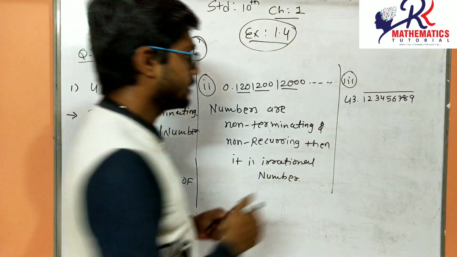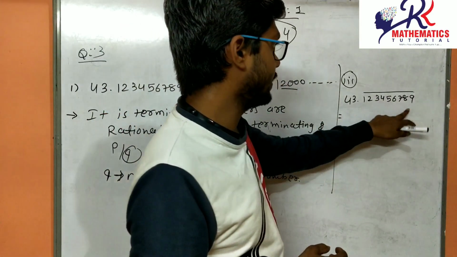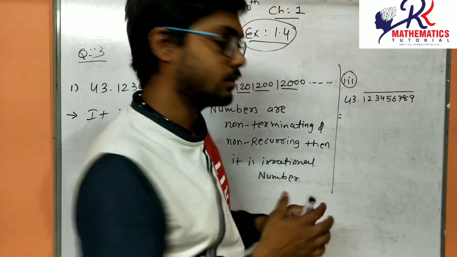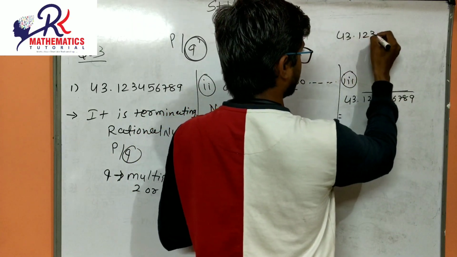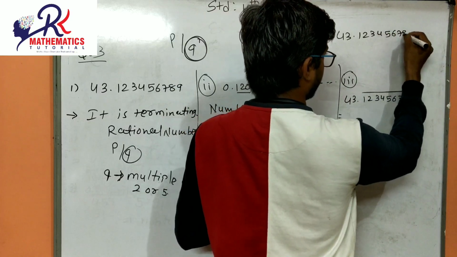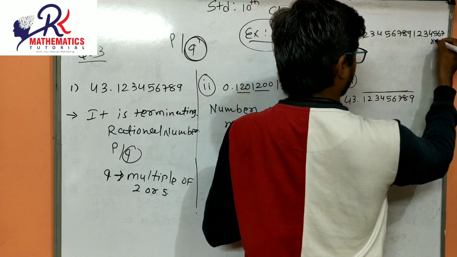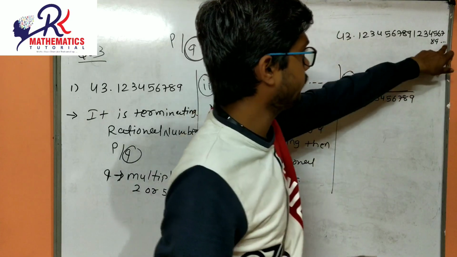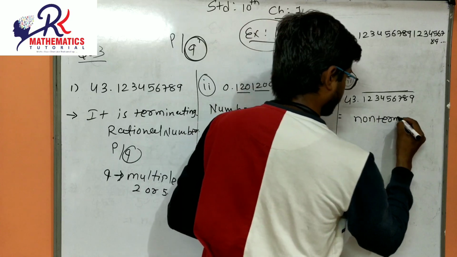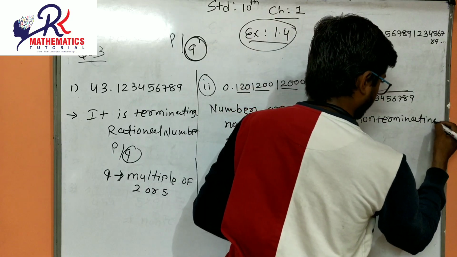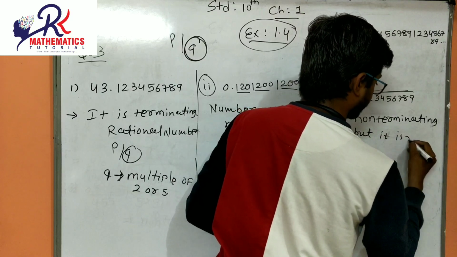Now the third one is given as 43.123456789 with a bar. The meaning of the bar is that the number is repeating. It means 43.123456789, again the sequence will start up to infinite. Here it is up to infinite, so it is non-terminating, but it is recurring.